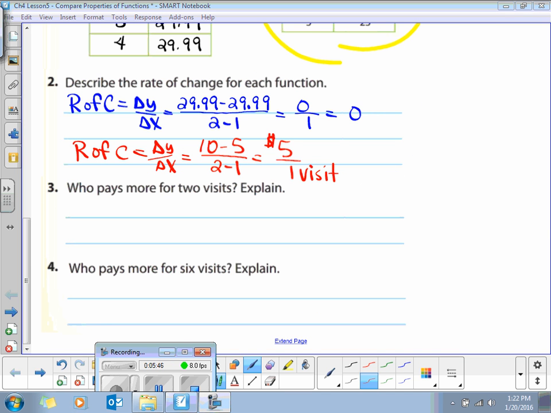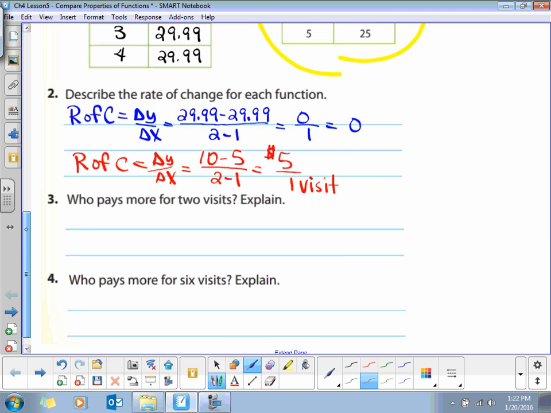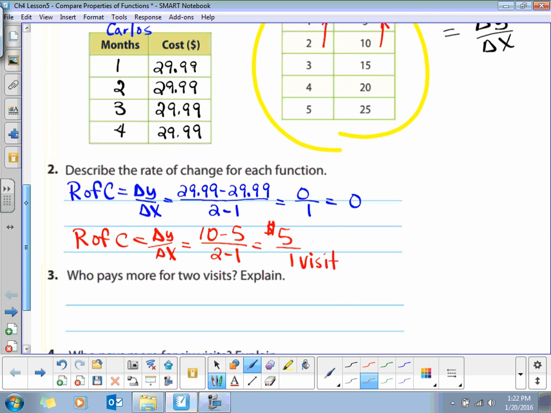So here, who pays more for 2 visits? Let's go back up here. Even if Carlos goes once, or twice, or 3 times, or 4 times, or 5 times, how much is he paying? $29.99 every time. So if he was going for 2 visits in the first month, it would still be $29.99, right?